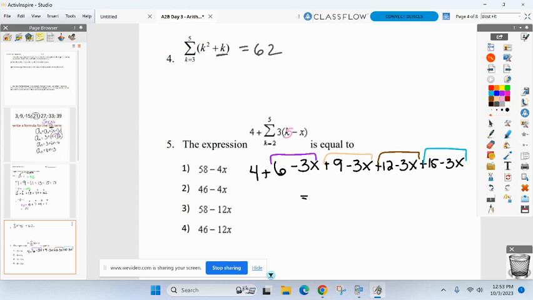And hopefully it's one of the multiple choices we have up there, huh? 46 minus 12x.